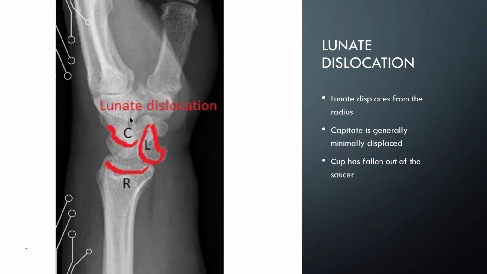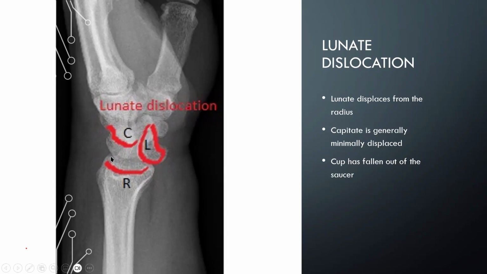Now, lunate dislocations are quite a problem in terms of repair. The reason being, as you can see, once it moves out from here, and if you could see your scaphoid that's going out over there, it's actually a very difficult reduction because the capitate, especially if it's out of the lunate, tends to fall down. And it's very difficult to move it upwards, in other words, to get the lunate back into place.